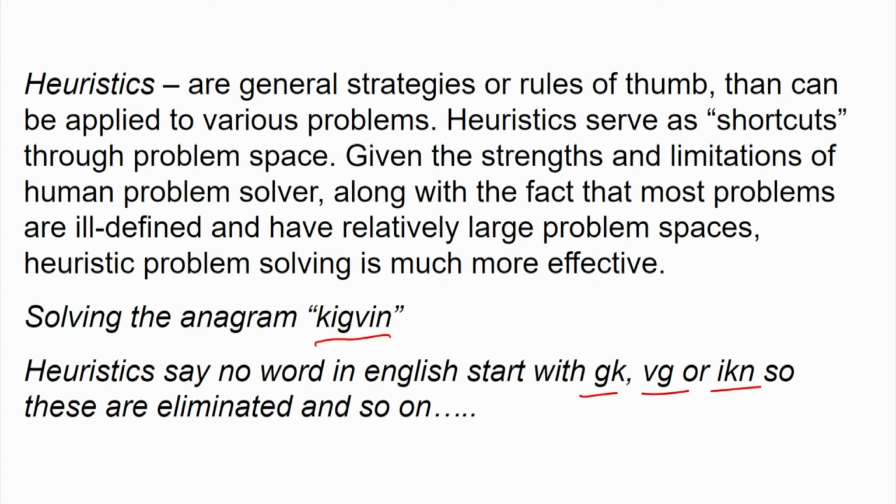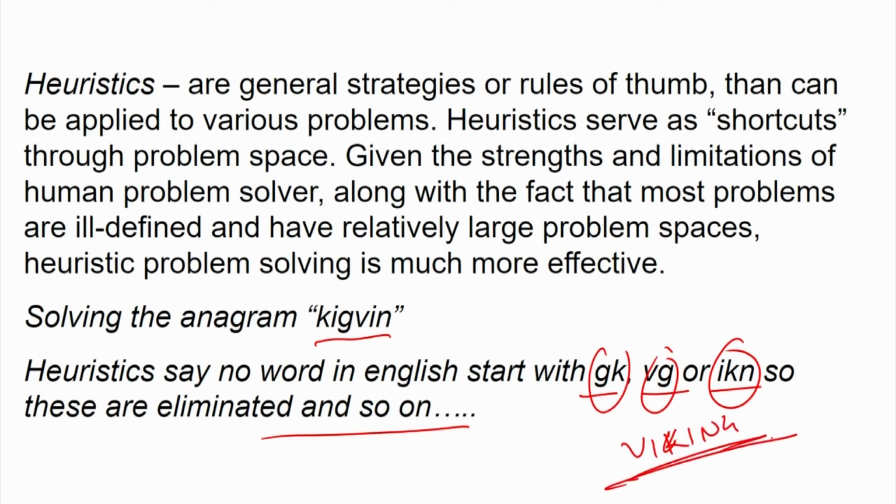English words do not start with this kind of beginning, and so we can eliminate these different startings, and then use more heuristics and come up with the final answer that VIKING is the final solution. It says that if in your understanding or in your readings you haven't seen any word starting with GK, VK, VG or IKN, these can be ruled out.